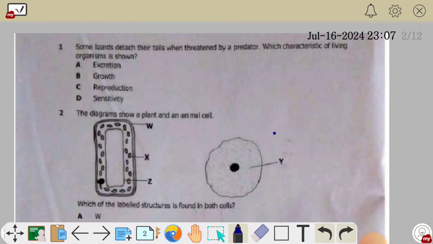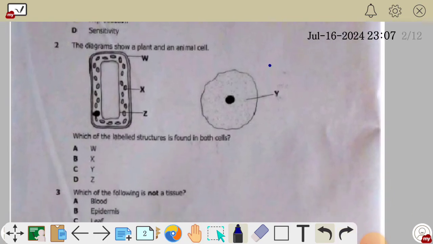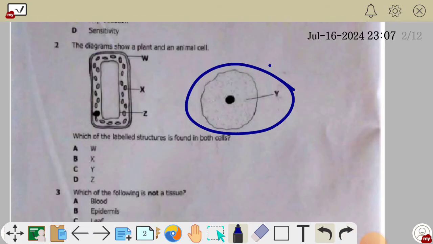The question continues to say, which of the labeled structures is found in both cells? A. W. B. X. C. Y. D. Z.